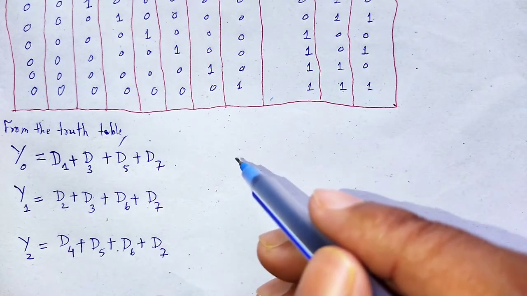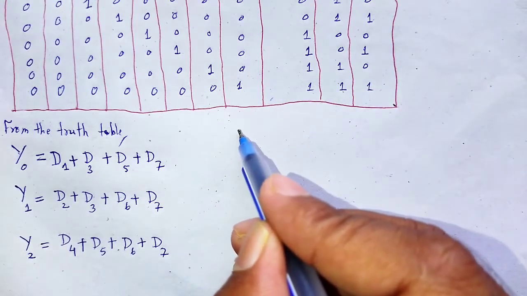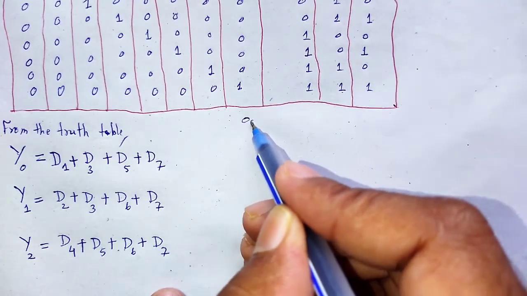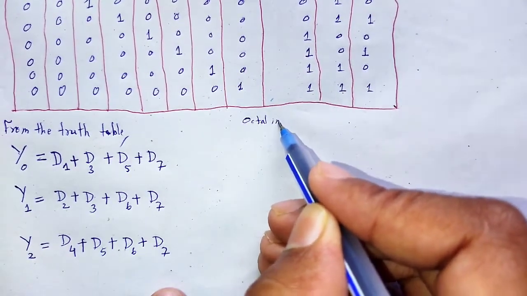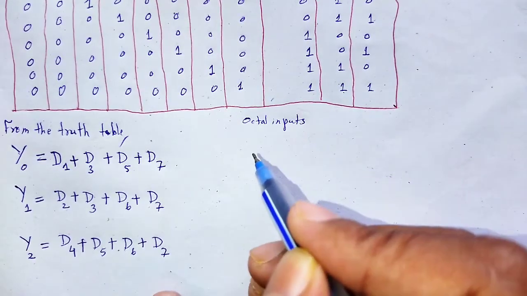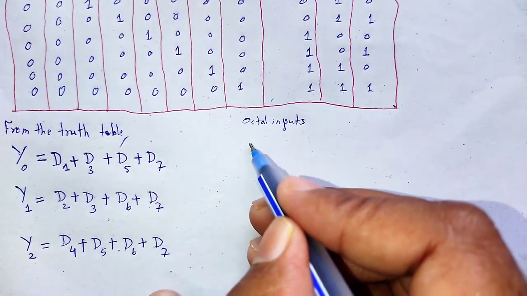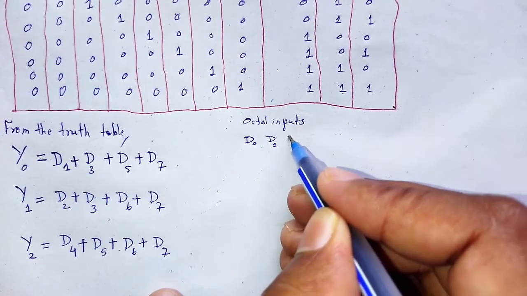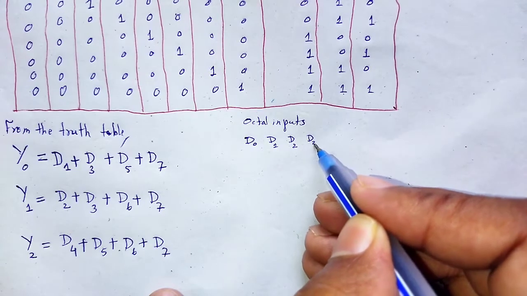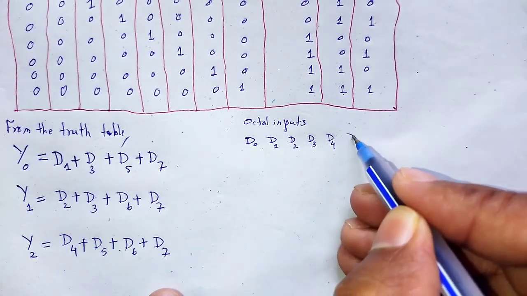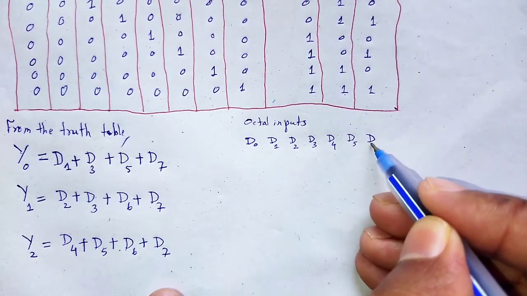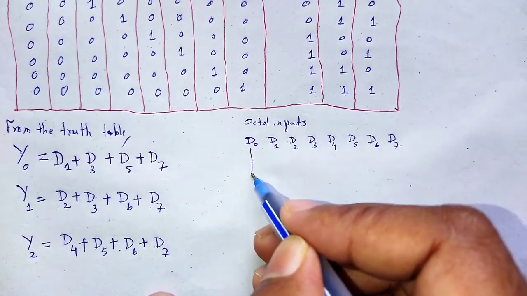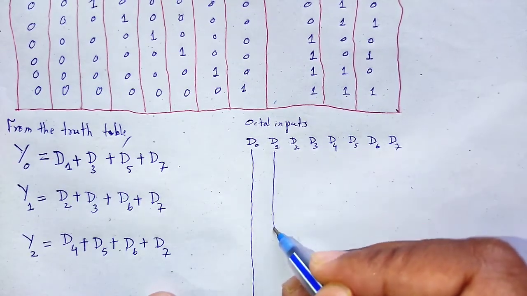For that we have the 8 octal inputs D0, D1, D2, D3, D4, D5, D6, D7. For each one we construct the input line.